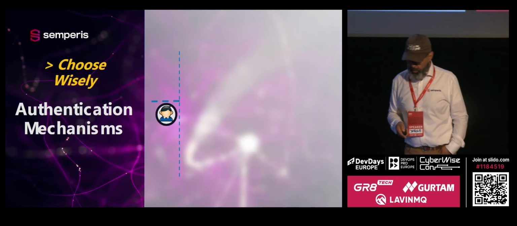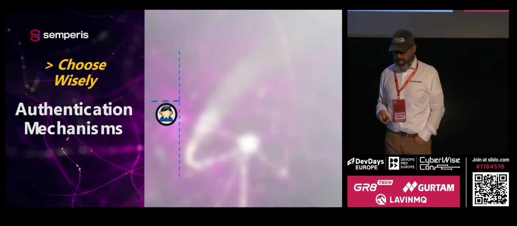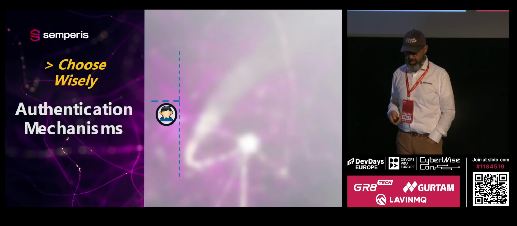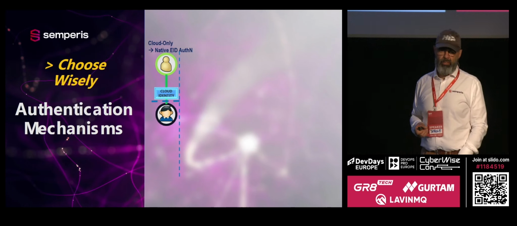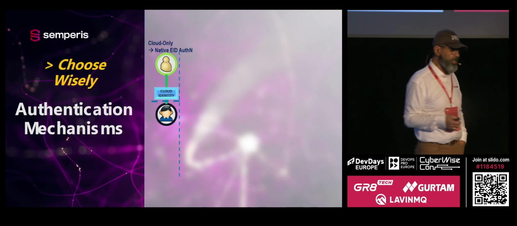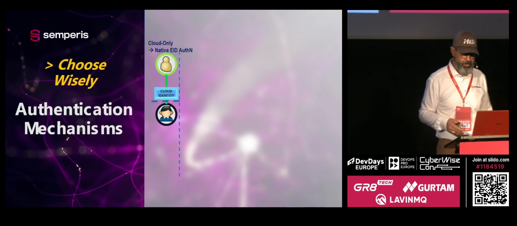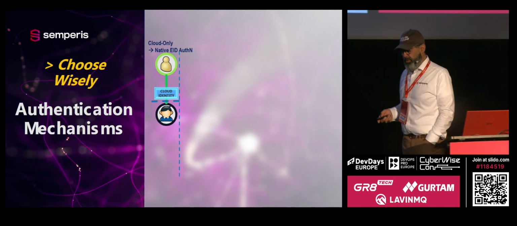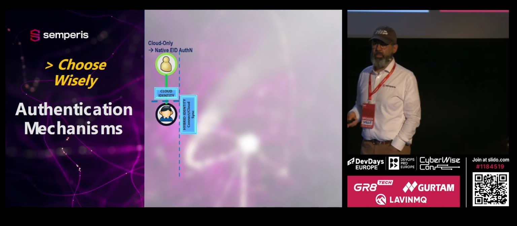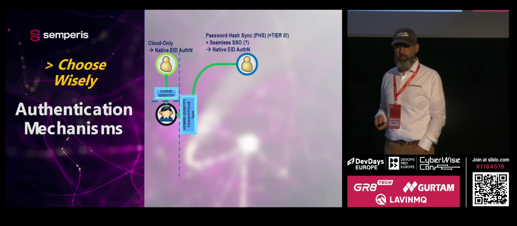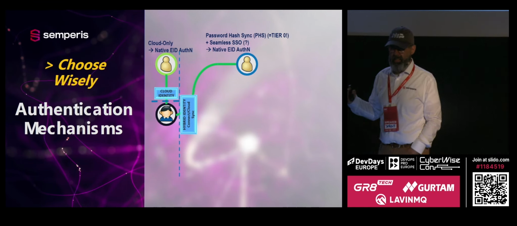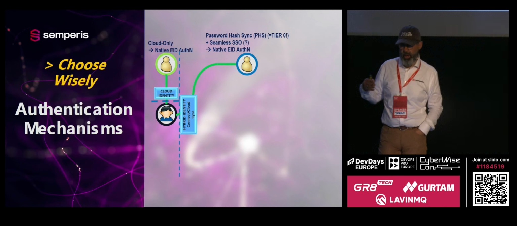So, moving forward, let's go back a little also and discuss authentication mechanisms. If you have a cloud-only environment, you're obviously using native authentication, all fine, nothing to do here. However, in a hybrid scenario, you have 3 options. And the 3 options are password hash synchronization. You're basically synchronizing password hashes from AD to Entra ID.